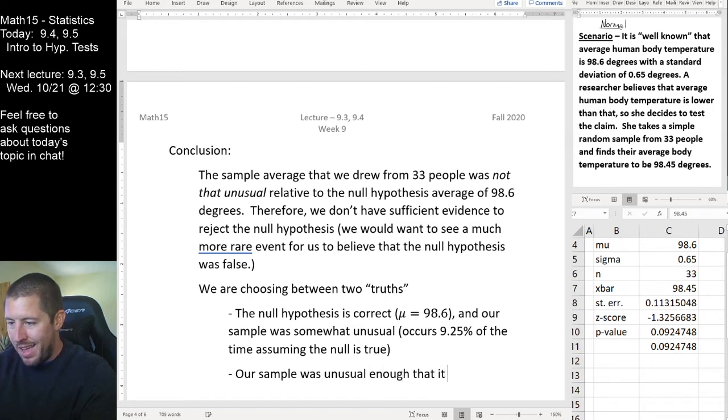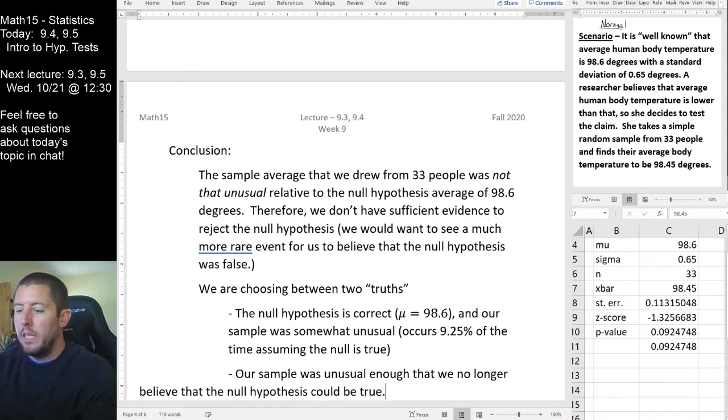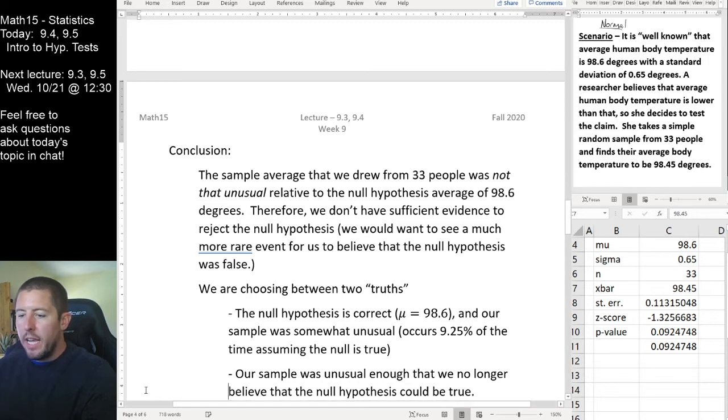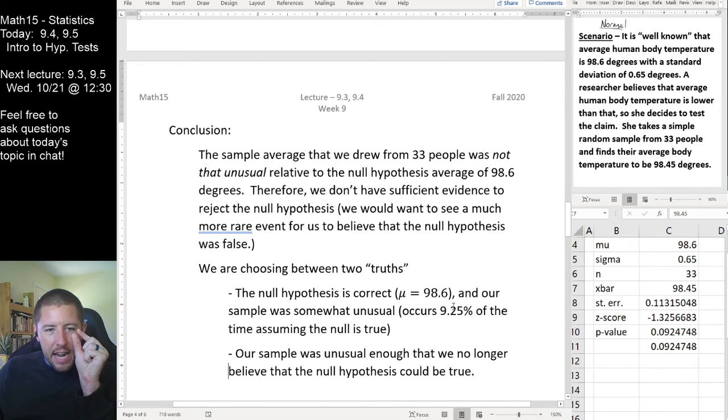that we no longer believe that the null hypothesis could be true, right? If we were to get a super rare event, if we got a p-value that was tiny, tiny, tiny, then that would say there's an incredibly small probability of pulling that type of sample, assuming the null hypothesis is true.